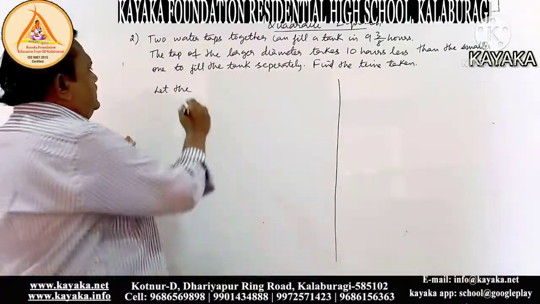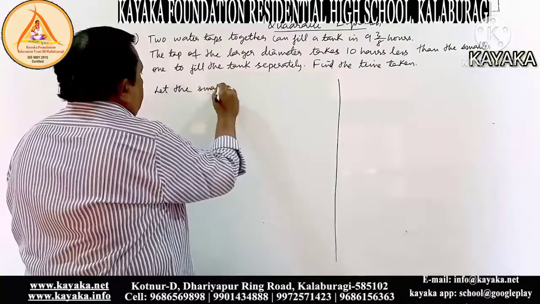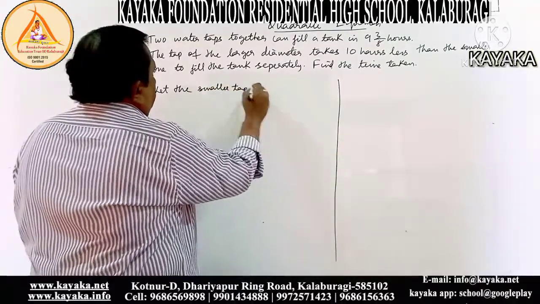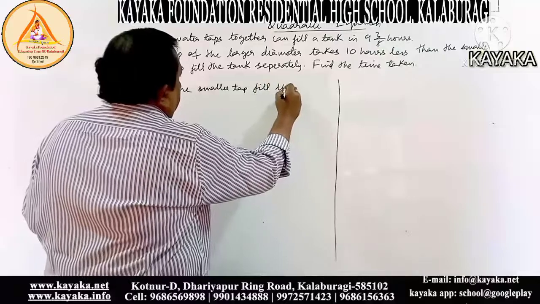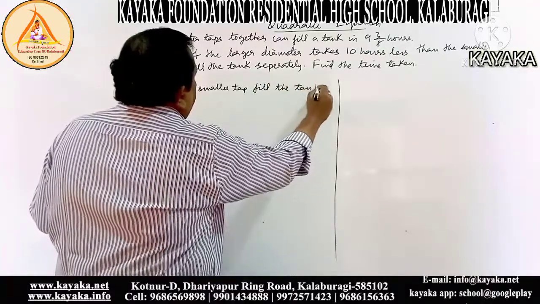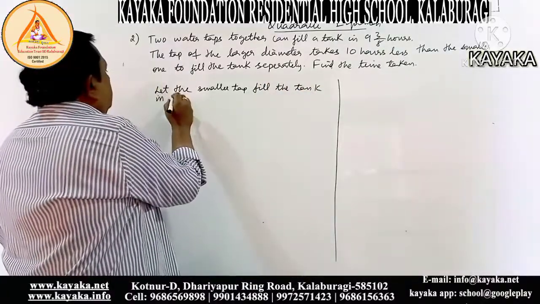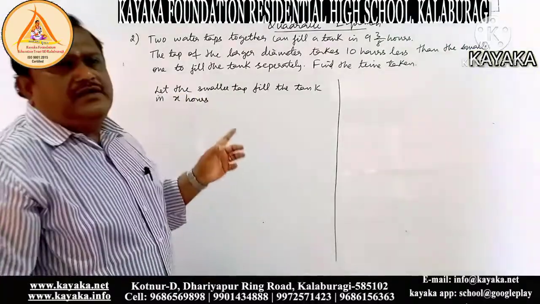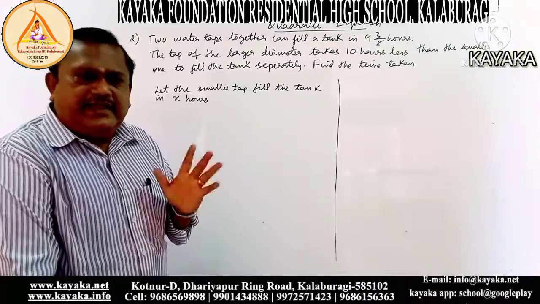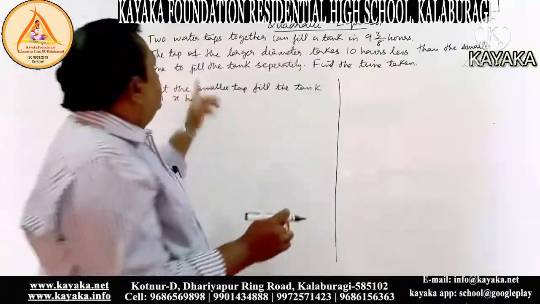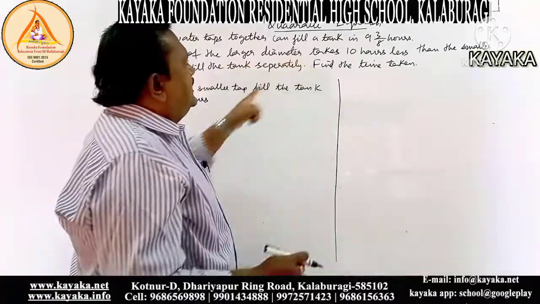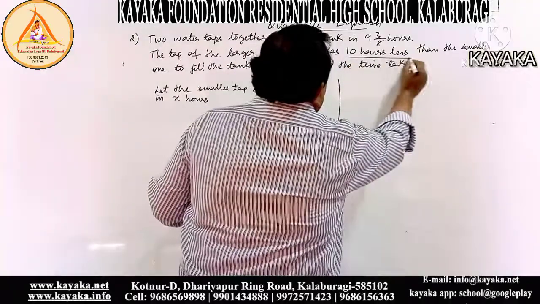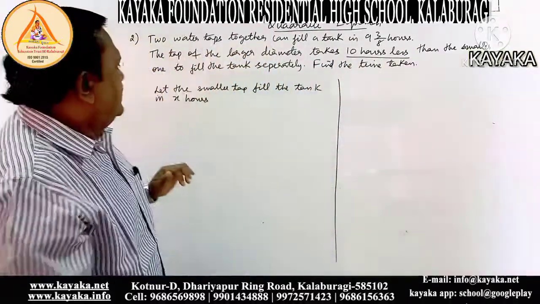Let the smaller tap fill the tank in X hours. We assume that the smaller tap fills the tank in X hours. Okay. Now what is the condition here? Larger tap takes 10 hours less than the given.